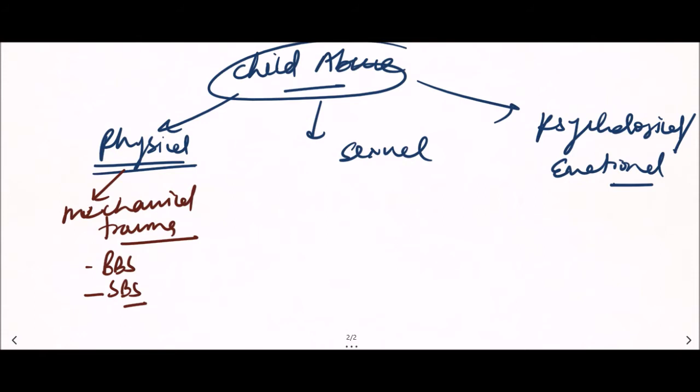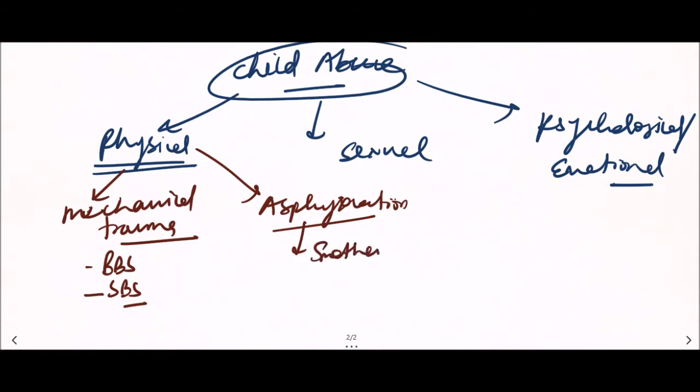Other examples of physical child abuse can be in the form of asphyxiation, like the parents or caregivers attempting to smother the child, smothering, or strangulation. So it can be in various forms of asphyxiation.